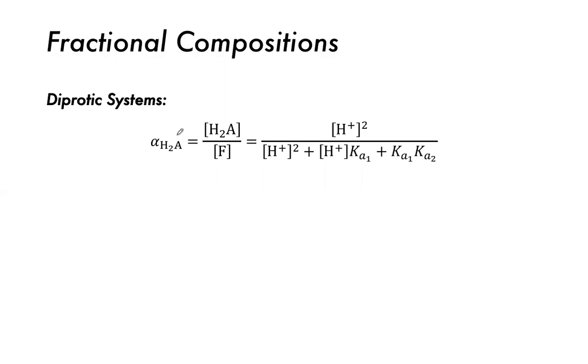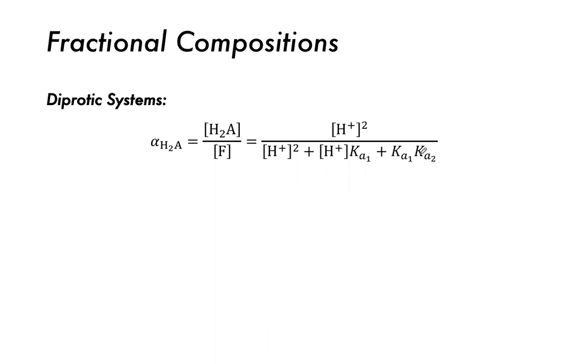So the fraction which exists as our fully protonated system is going to be equal to the concentration of the undissociated diprotic acid over the formal concentration, which is just the total of the whole system. That is equal to H plus concentration squared over H plus concentration squared plus H plus concentration times Ka1 plus Ka1 times Ka2.